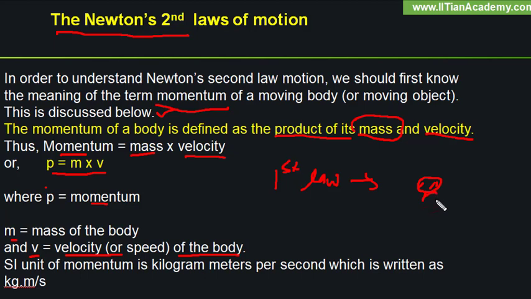So there was object A, its velocity was v0. It was supposed to continue in a state of rest unless it is acted upon by an external force. So object A, which was at rest, will continue to remain at rest unless it is acted upon by an external force.